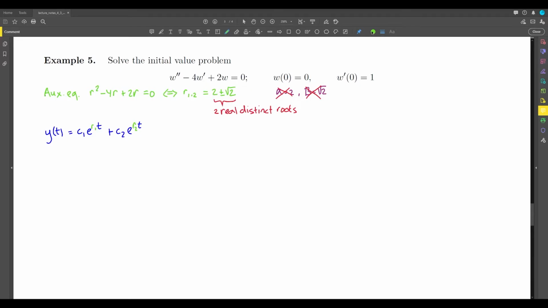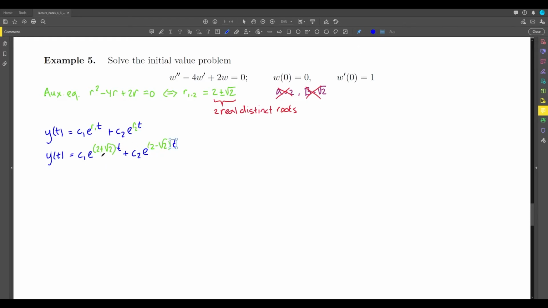And when we plug in those values for r, we get that y of t equals c1 e to the power 2 plus square root of 2 times t plus c2 e to the power 2 minus square root of 2 times t.